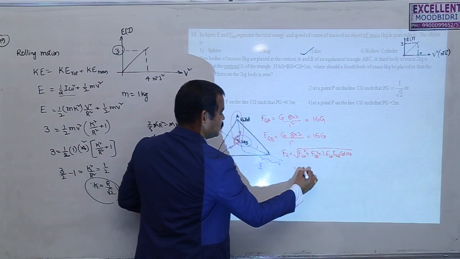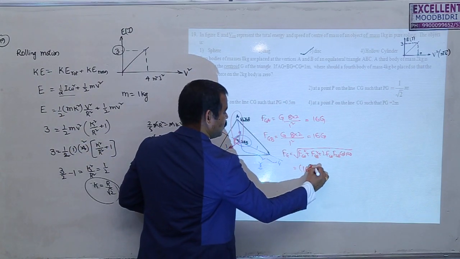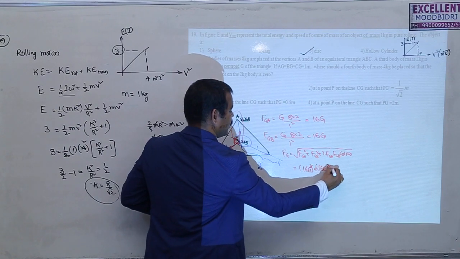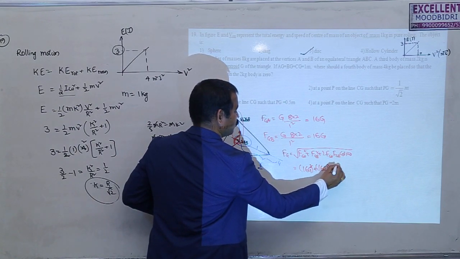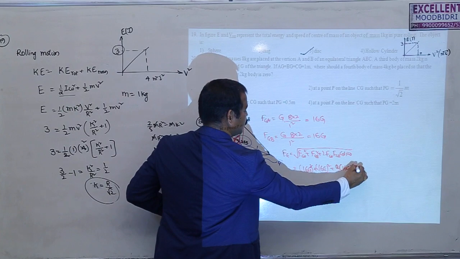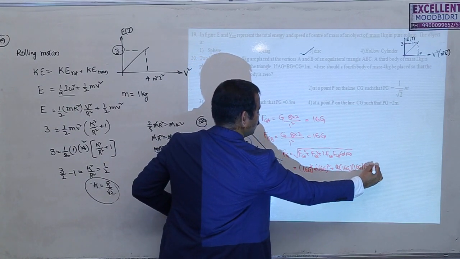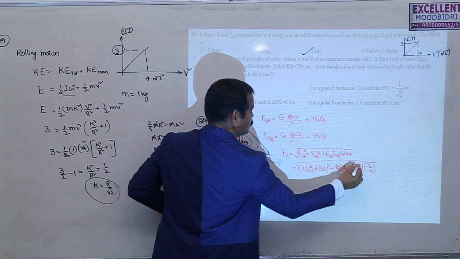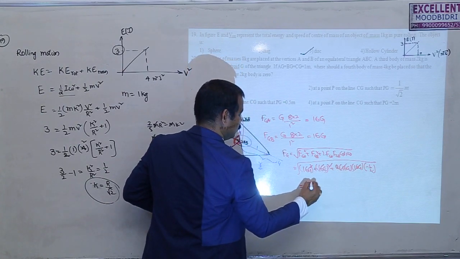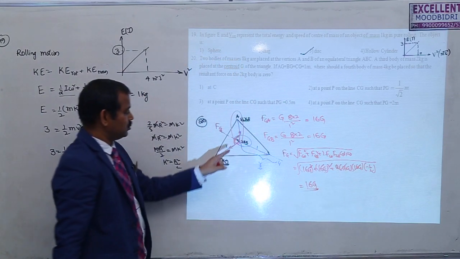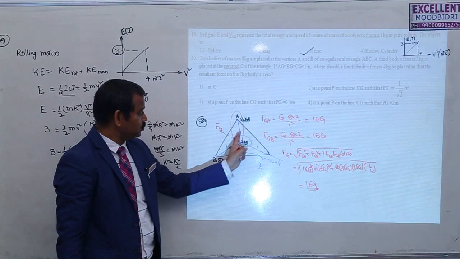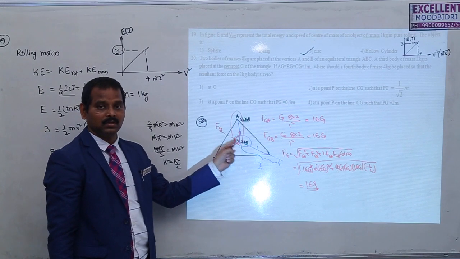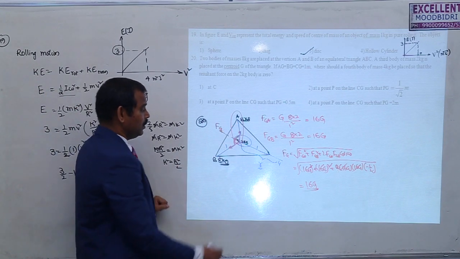If you substitute, 16G square plus 16G square plus 2 into 16G into 16G into minus 1 by 2, cancelling, you get 16G only. Two equal vectors acting at 120 degrees have a resultant equal to one of these vectors.